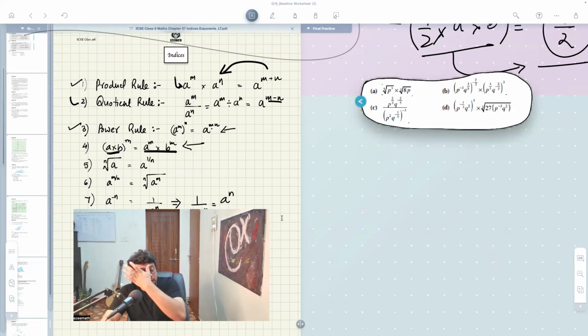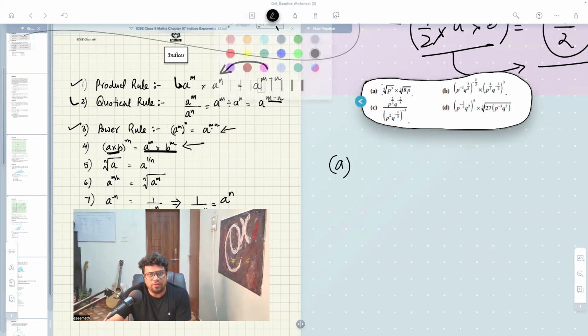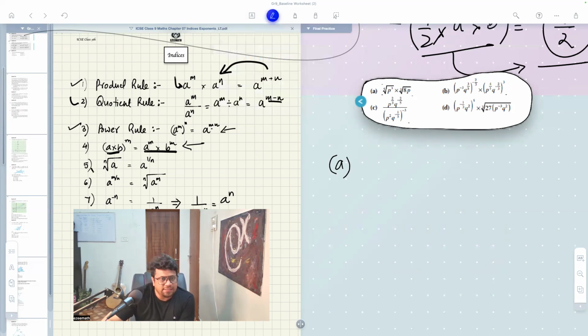Okay. For part A here, the rule that we are going to use is over here. And these two we're going to use. The nth root of a is supposed to be a raised to 1 by n. That's the rule we're going to use.